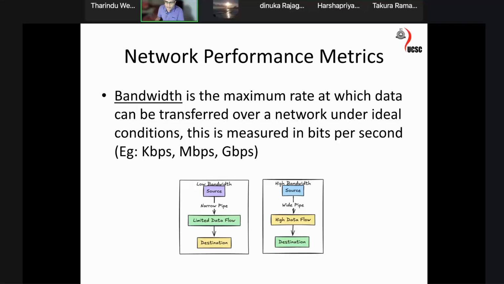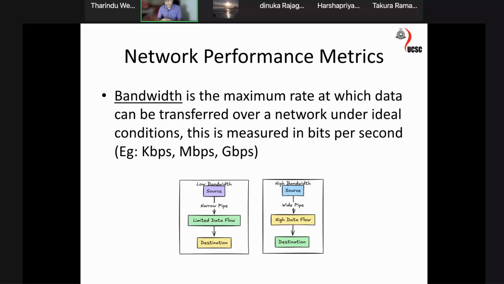Bandwidth is the maximum rate at which data can be transferred over a network under ideal conditions. This is measured in bits per second. So when you are designing a network or when you are troubleshooting a network, you need to check what bandwidth it's built upon.